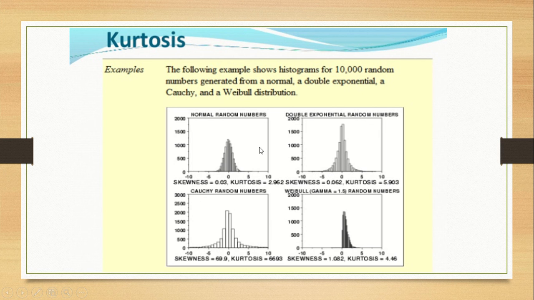So we have here the normal random numbers, where skewness is 0.03 and kurtosis is 2.962. Then we have double exponential random numbers, with skewness of 0.062 and kurtosis of 5.903.